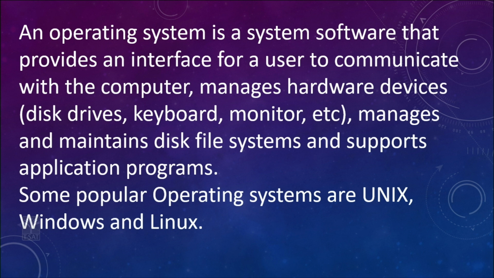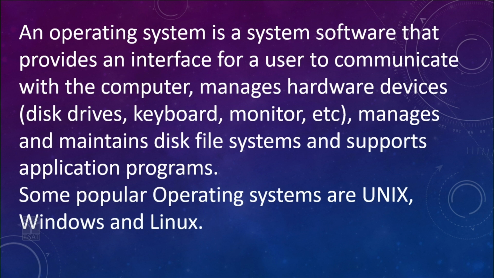An operating system is system software that provides an interface for a user to communicate with the computer, manages hardware devices like disk drives, keyboard, and monitor, manages and maintains the disk file system, and supports application programs.